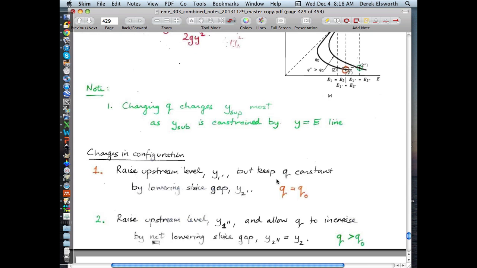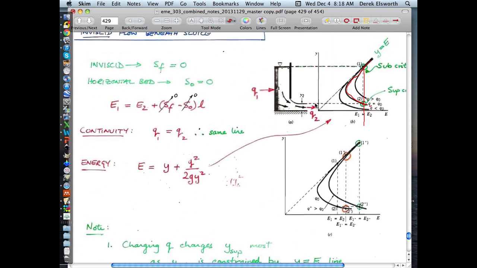So what we're going to do is we're going to raise the level of the upstream to some higher value. And if we do that, obviously we have to have a gate here. And we're going to move this down slightly so it's no longer the same height. So it's moved down.